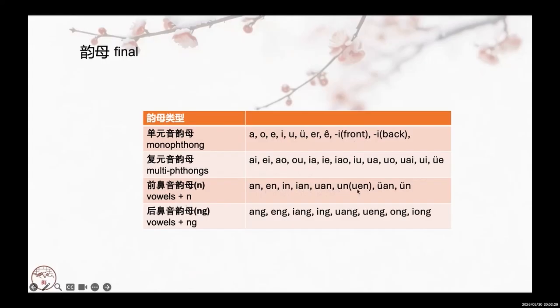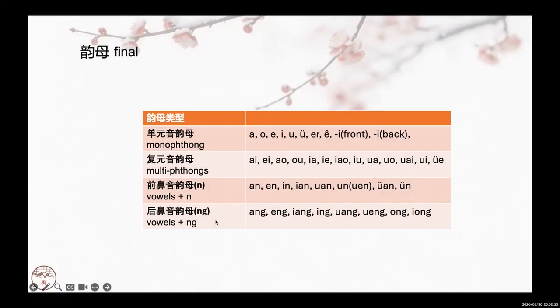U, e, n, wen. Yu, sorry, this is yu, not wu. It has 2 dots. It's different. Yu, a, n, yuan. Yu, n, yun.